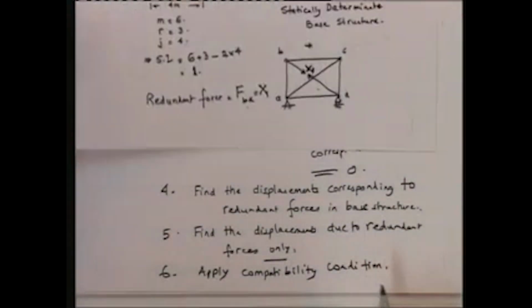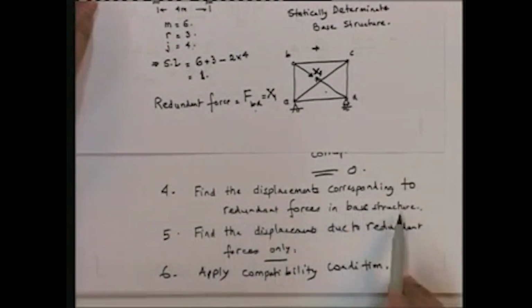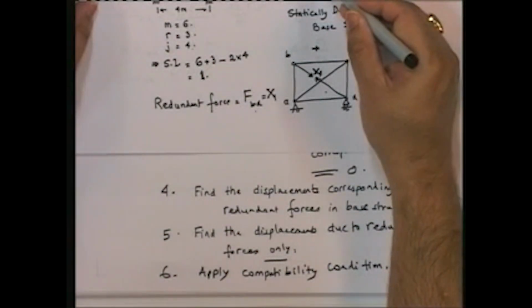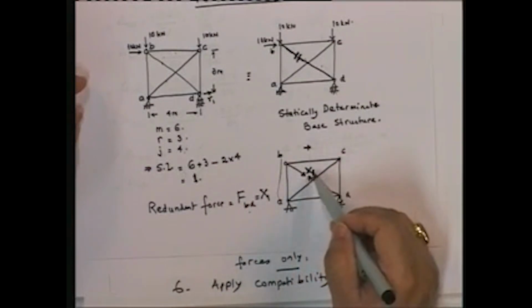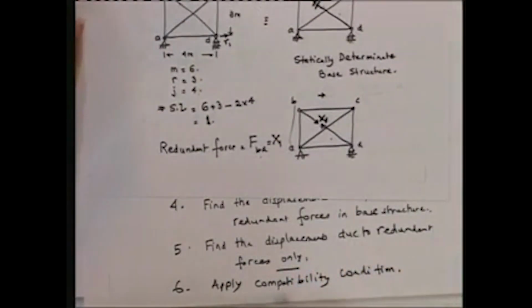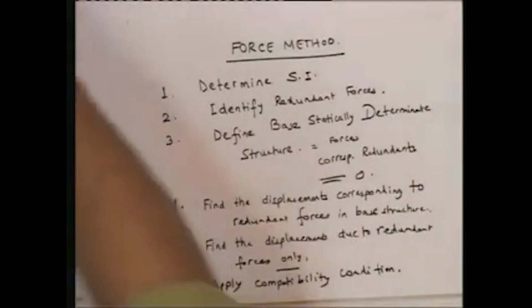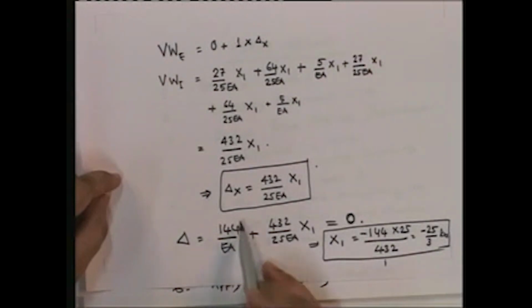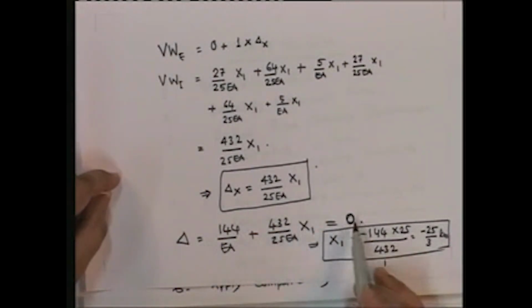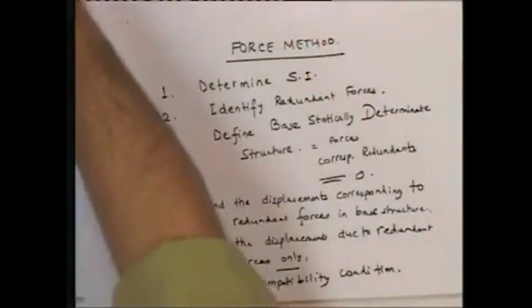We found out the displacement here due to these forces, and the displacements due to the redundant force only, and then we applied the compatibility condition. What was the compatibility condition? The actual delta, which is the delta due to the loads alone plus that due to the redundant, was equal to 0, and from that we solved and we got the redundant forces. Okay, that is the force method.